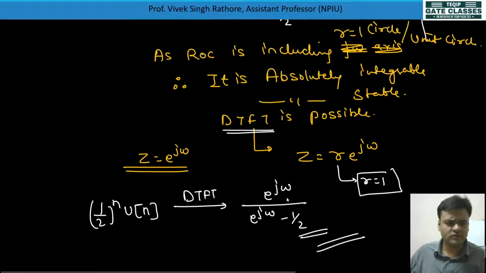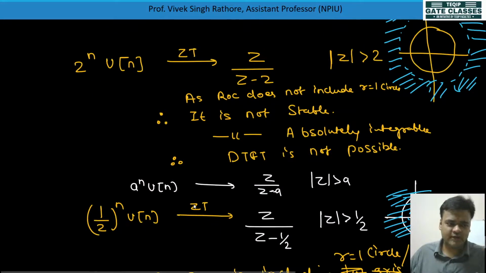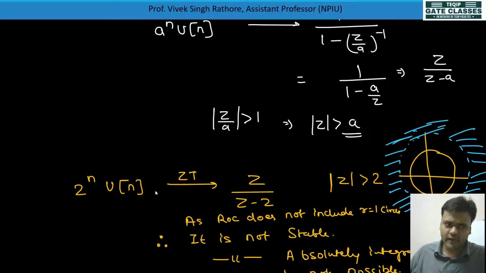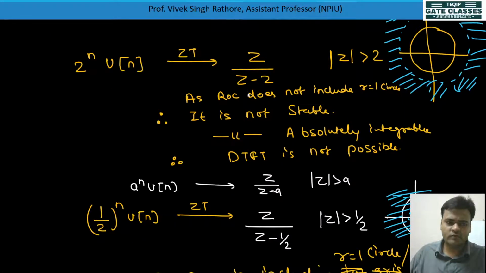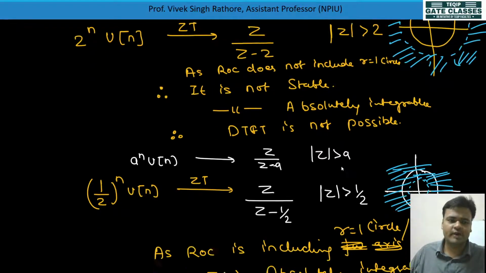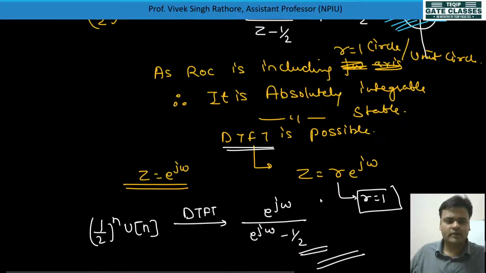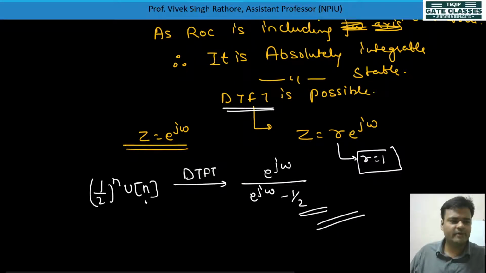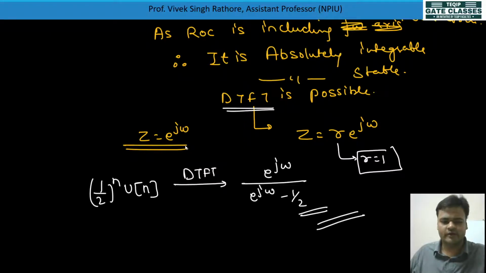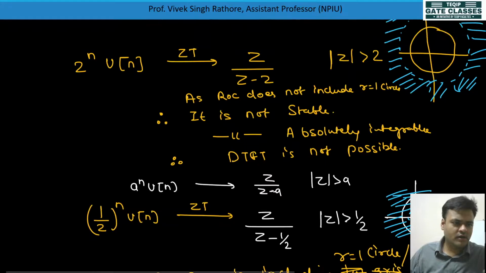Now I think you have understood how to multiply an exponential function with your signal, and how it affects the ROC, and from the ROC we can understand whether it involves the r equal to one circle or not, and what will happen in each case. If it involves it, then DTFT is possible, and we take DTFT by just putting z equal to e^(j omega). Now I have told you the analysis. Earlier also, from the question only you can say whether it will be like this or not.